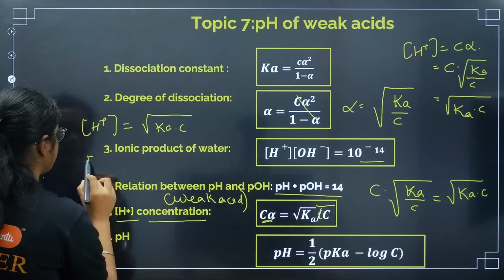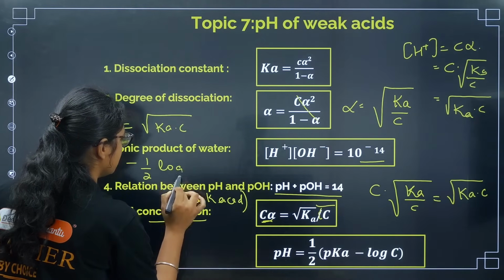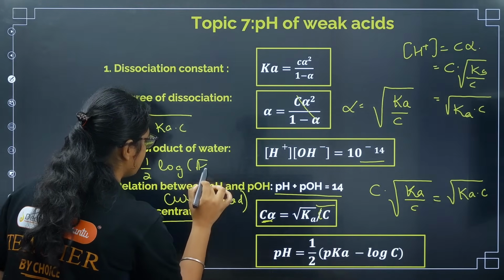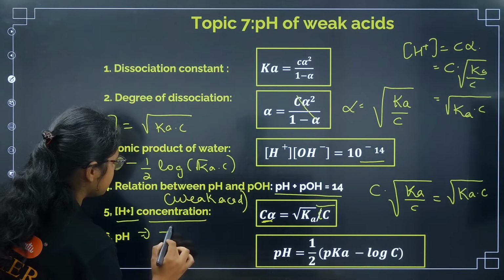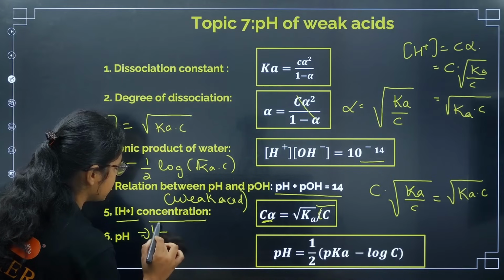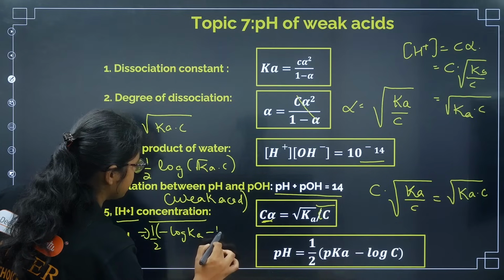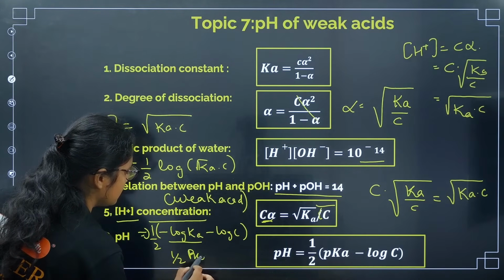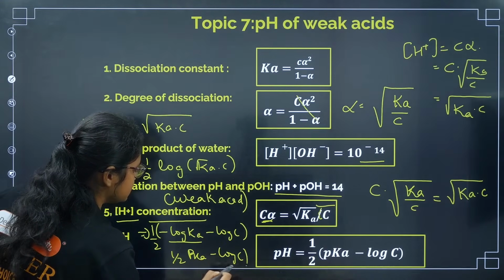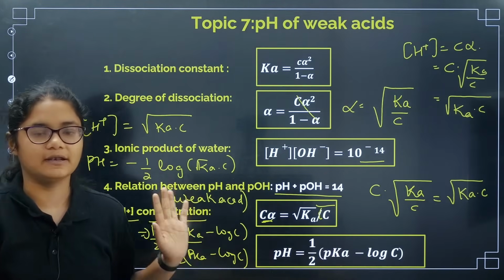So I can write pH is equal to minus half log of Ka into C. This minus will be multiplied inside. So I'll take half outside, minus of log Ka and minus of log C. Minus log Ka is nothing but pKa, minus log C. So you need not derive this formula, you can just know the result, half of pKa minus log C.